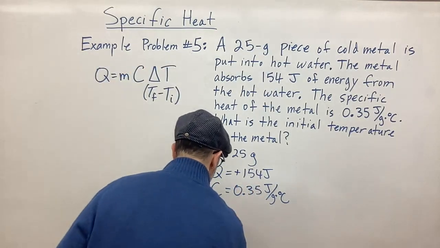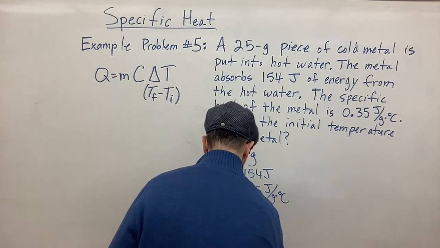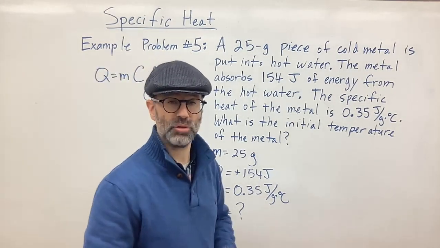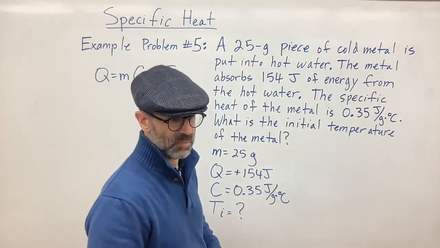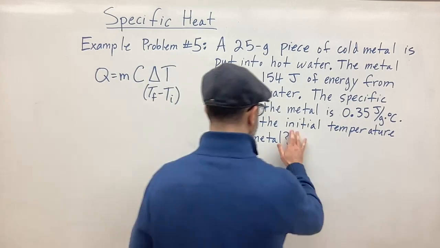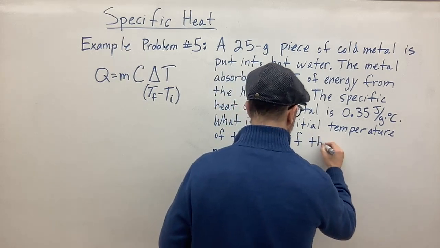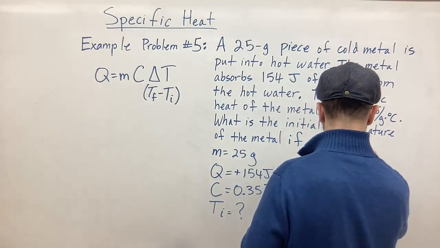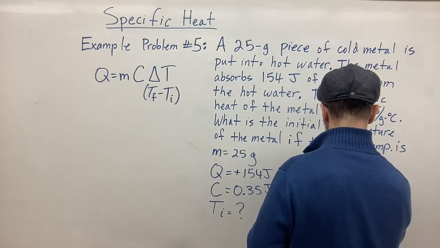So T initial is equal to what? In this case, we have to know what the final temperature is, and the final temperature of the metal is 25 degrees Celsius.